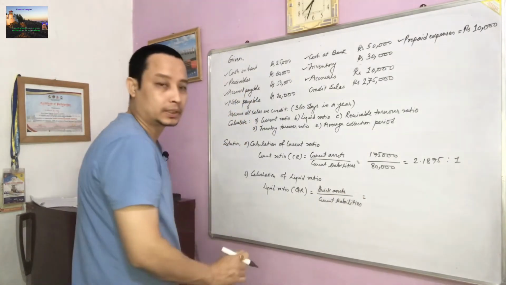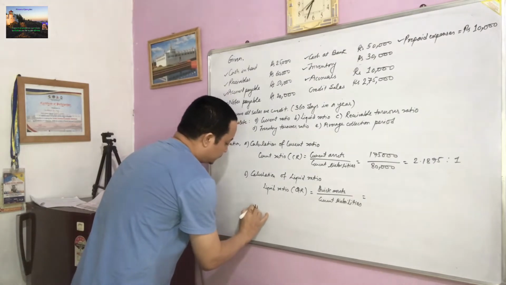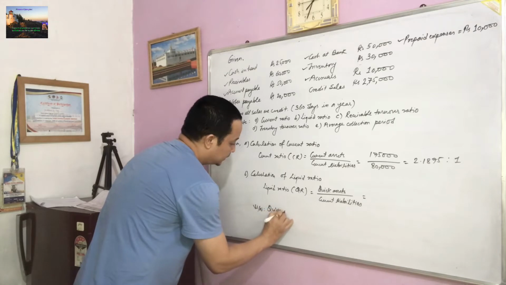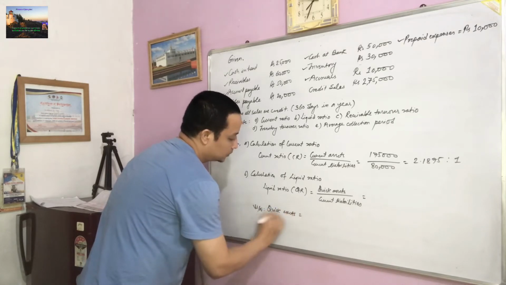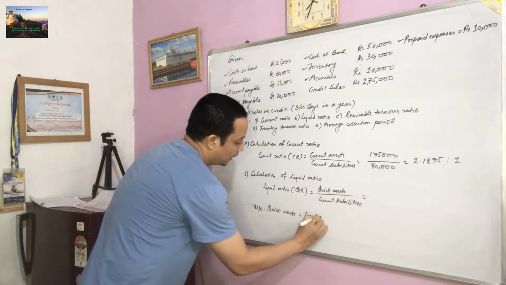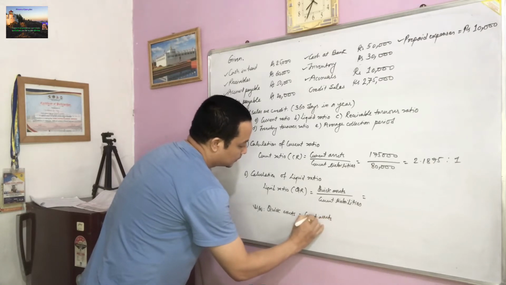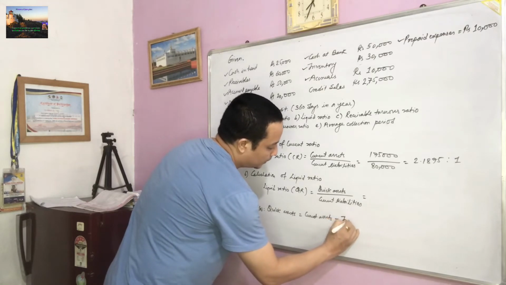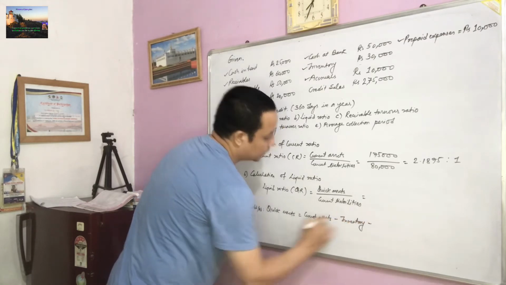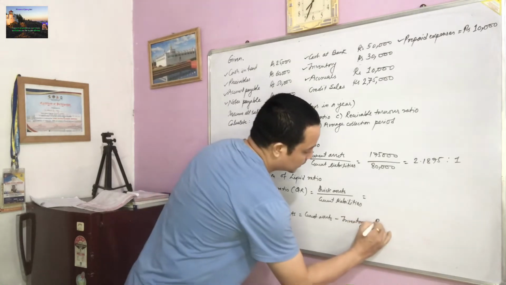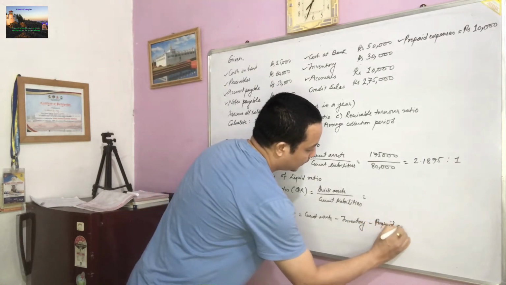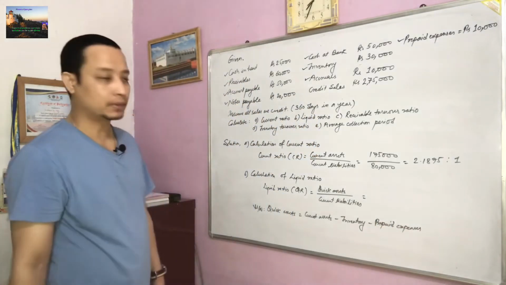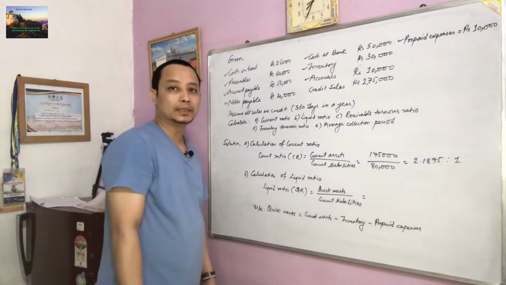Let's find in working note. Quick assets equal to current asset minus inventory minus prepaid expenses. So prepaid expenses should be deducted from the current asset to find the quick asset.